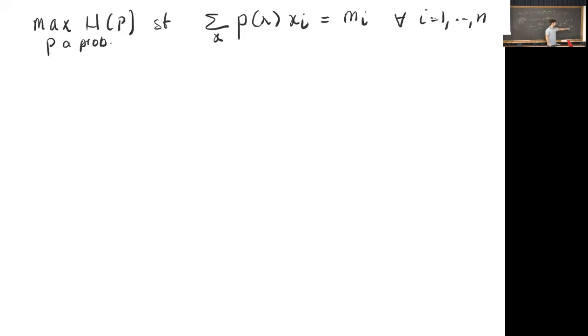And what are these lambda i's? These are local external fields. So you see there is again a duality between local external fields and, this time, local magnetizations.